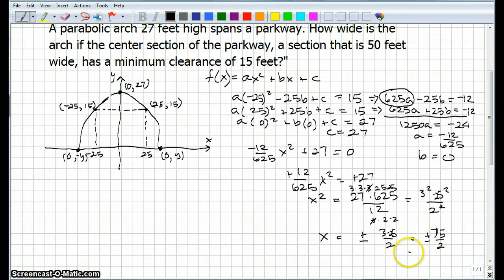So plus or minus 75 halves. This point over here is 75 halves, and this point over here is negative 75 halves.